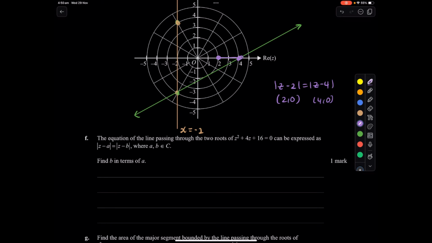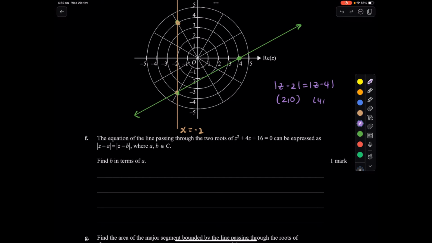If we draw a line between them, what is the middle point? It's that 3 over here. And if I draw a line through that 3, that is what this equation actually tells us. You can easily let z equal x plus iy, and it's actually this equation, x equals 3. So that's a quick way to use the perpendicular bisector to help us with this kind of question.